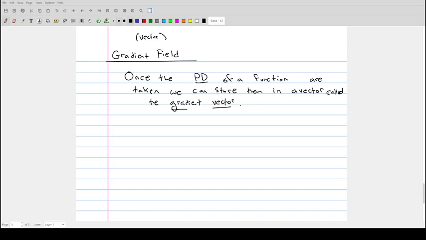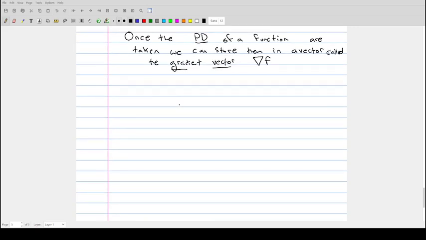We use an upside down triangle to denote the gradient vector, and we put it to the left of the function that we're taking the gradient of. So for example, in 2D, where we have two partial derivatives with respect to, say, x and y, the gradient vector of a function f is just the collection of the x partial derivative and the y partial derivative.